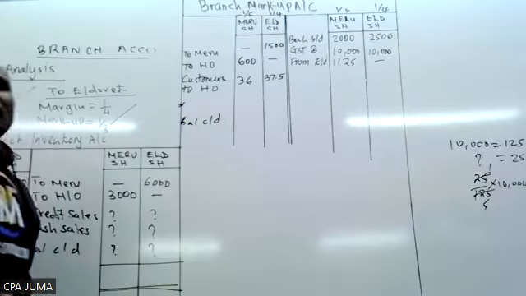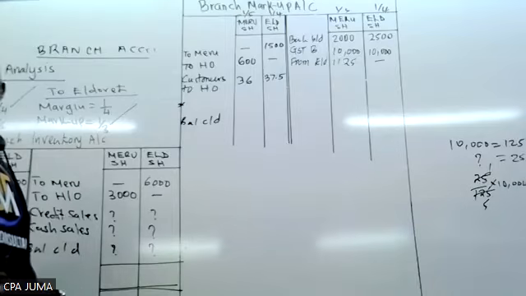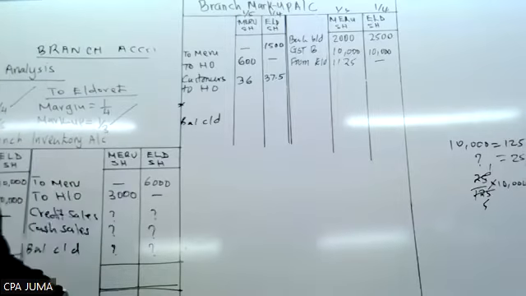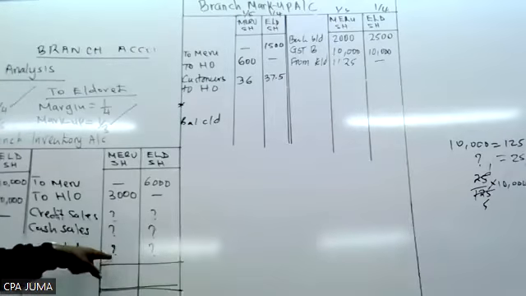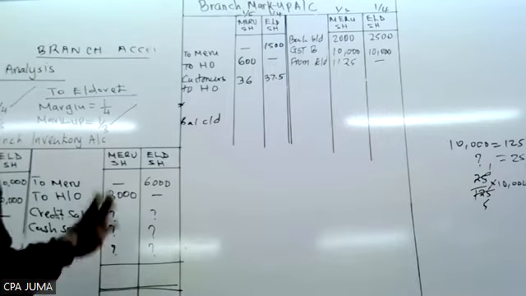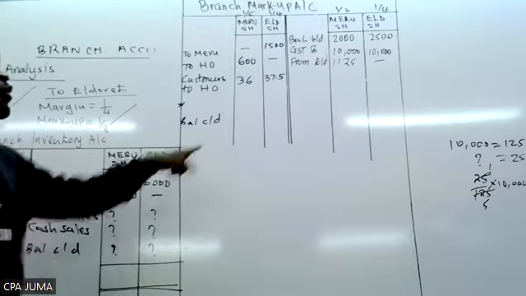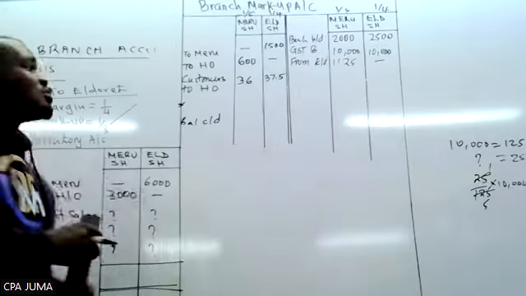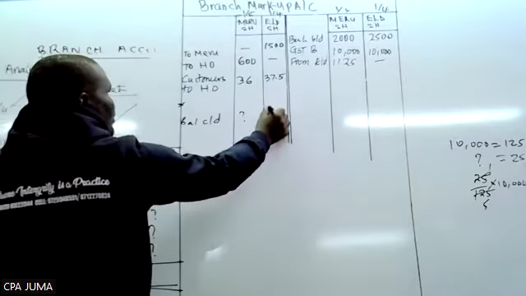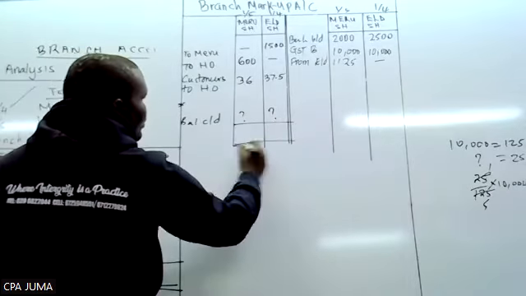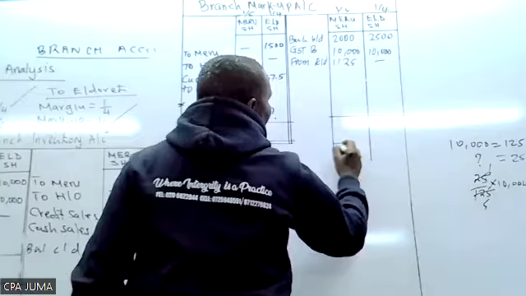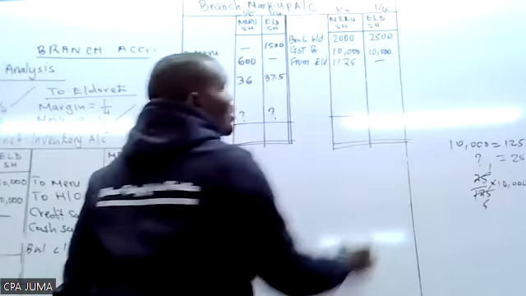So balance carried down is the unrealized profit of the closing stock. Closing stock is what we are waiting for here in the inventory account, which we don't know. So once we get this, we will come and get this one. So leave it hanging.